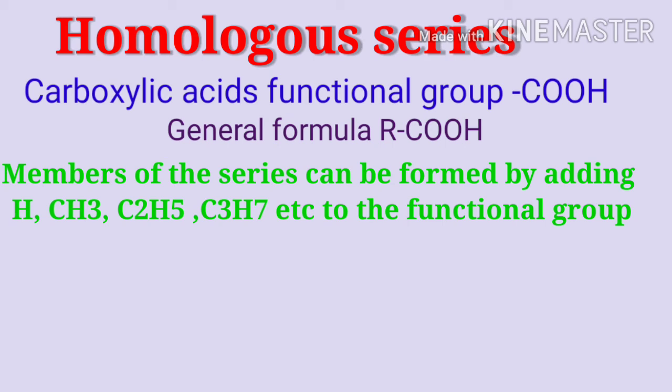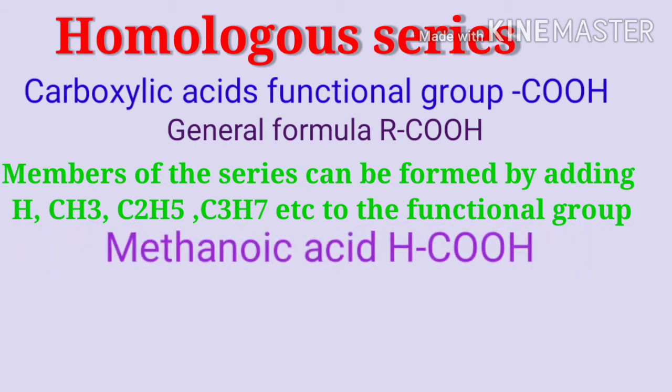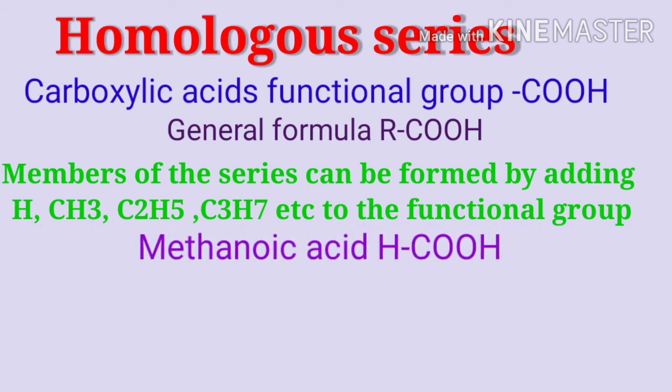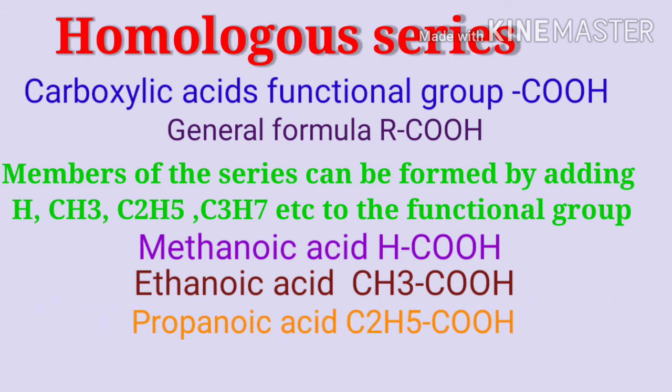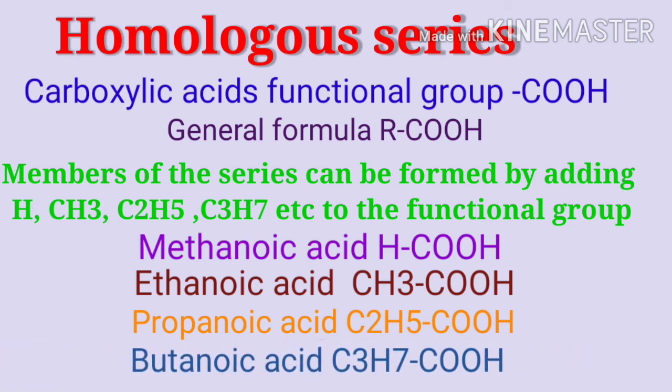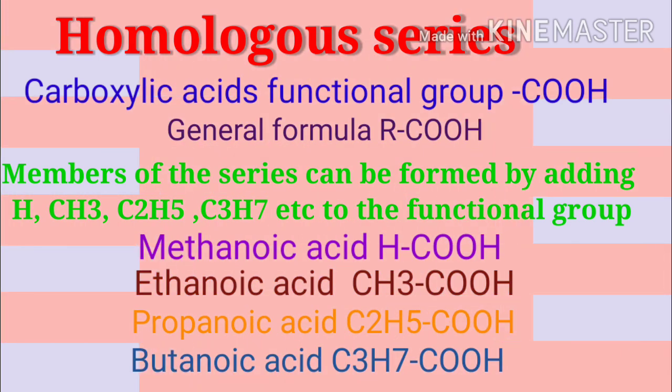So first member of the series methanoic acid is HCOOH, ethanoic acid CH3COOH, propanoic acid C2H5COOH, butanoic acid C3H7COOH. So first four members of the series are methanoic acid, ethanoic acid, propanoic acid and butanoic acid. So that's it. Our 7 series are over.